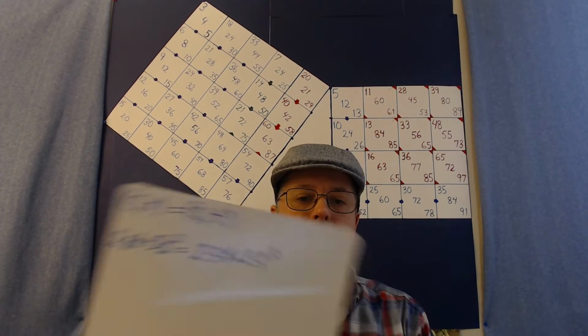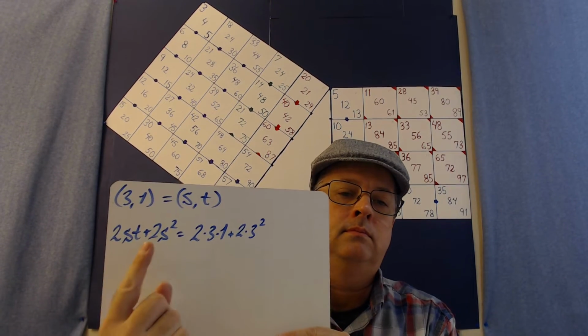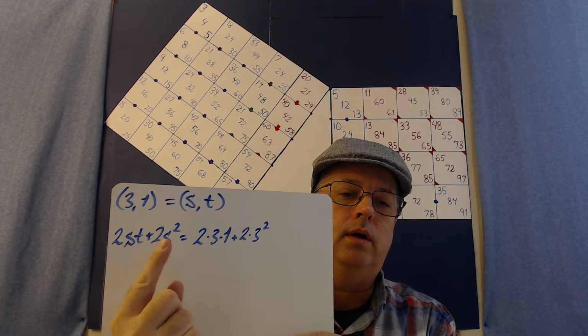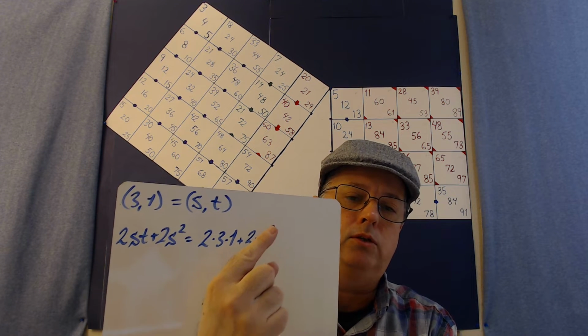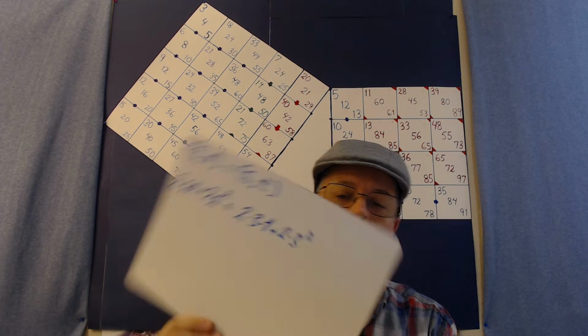That's going to give us 2 times 3 times 1 plus 2 times 3 squared. Okay, so s is 3 this time here, and so we have 3 squared there.